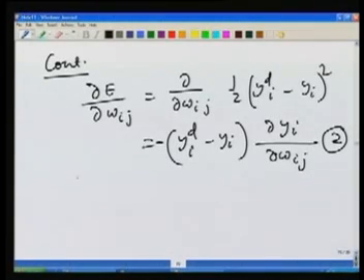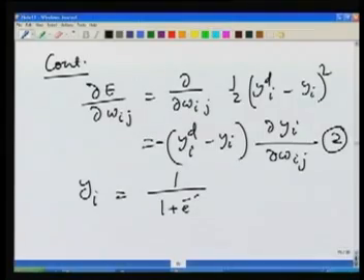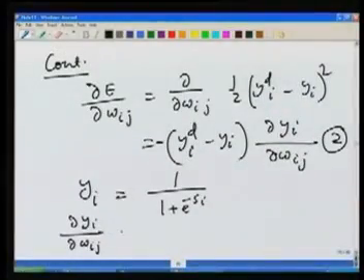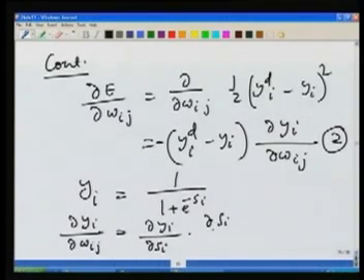Now, from equation number 2 we have to find out what is del y I by del w I j. What is y I? y I is 1 upon 1 plus e to the power minus s I. So, del y I by del w I j has to be written like this: del y I by del s I into del s I by del w I j. We go to the next step.